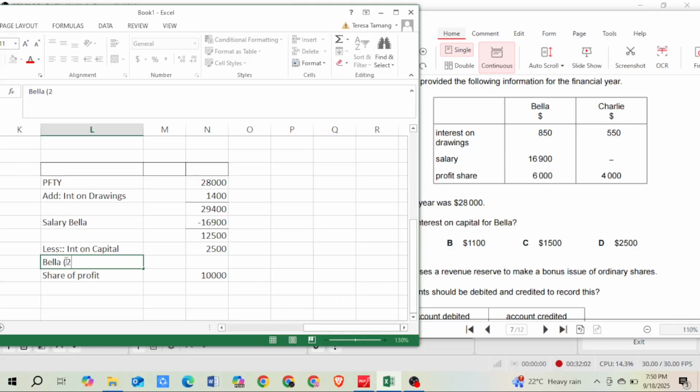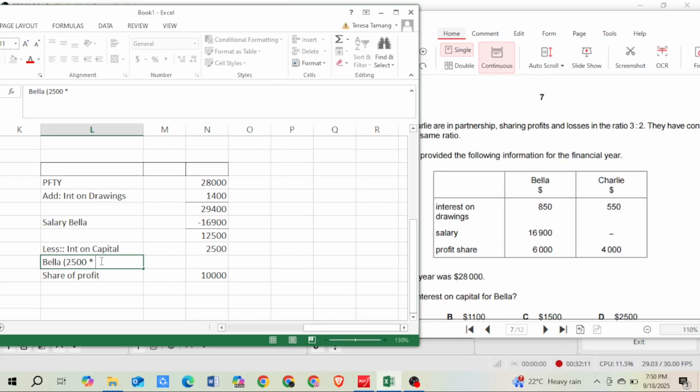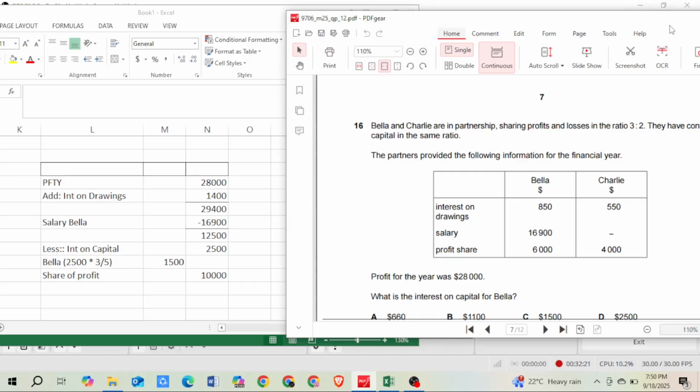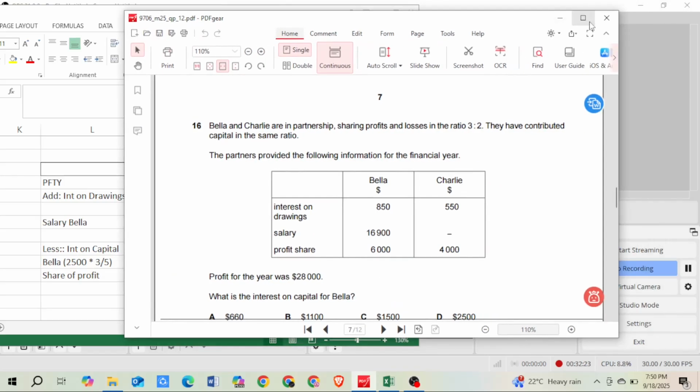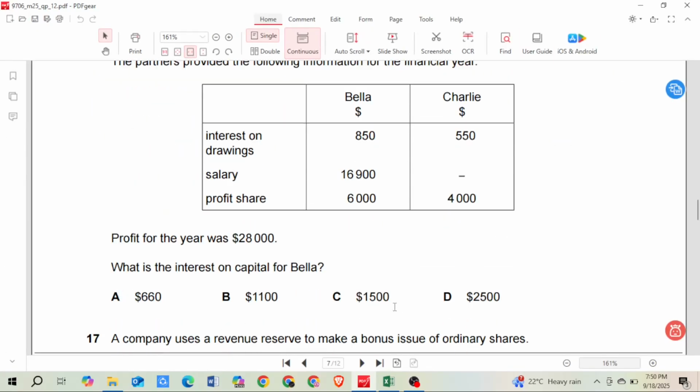So 2,500 into Bella's share, 3:2, so into 3 divided by 5. That would give me 1,500. And that is our answer. So interest on Bella's share capital is 1,500, which is C. C is your right answer.